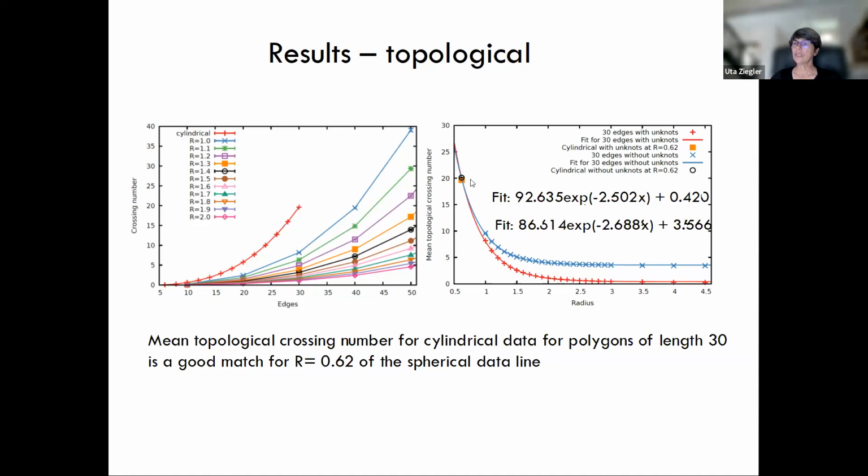Then we ask where the value we computed for length 30 for the cylindrical model fits, and solve for that value. What the results showed was an R of 0.62. We're not saying this is equivalent to a behavior in a confining sphere of radius 0.62, but we do say it behaves somewhat similarly along those lines. Not everything, but a lot of it does.